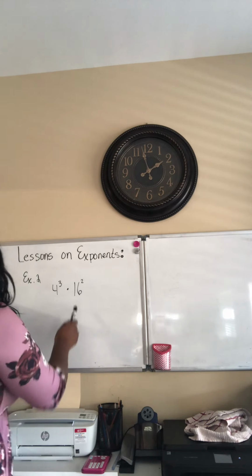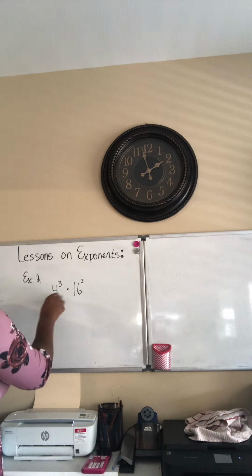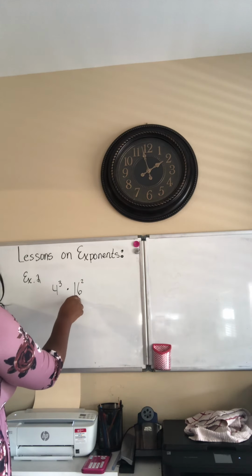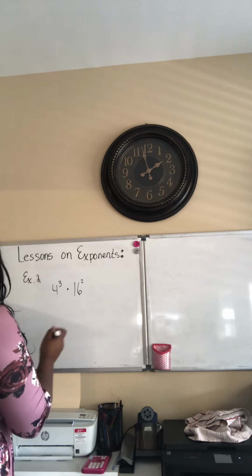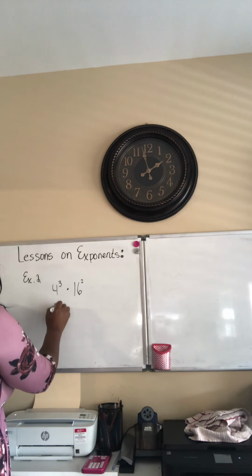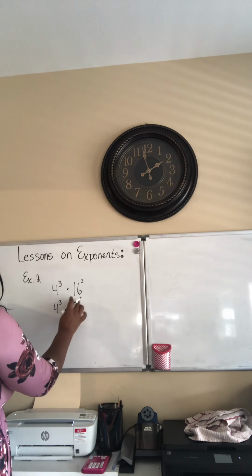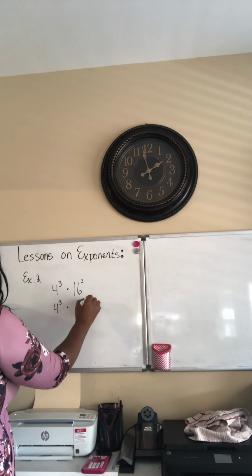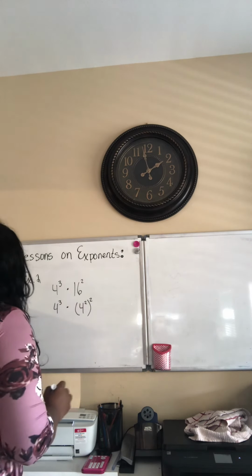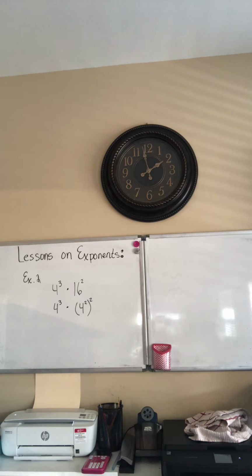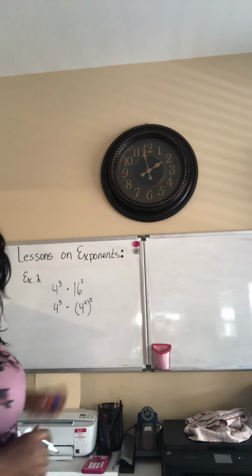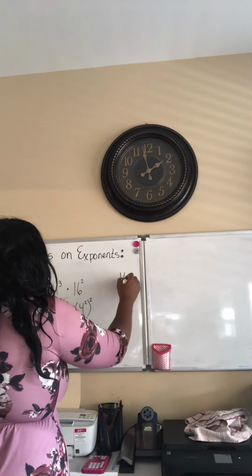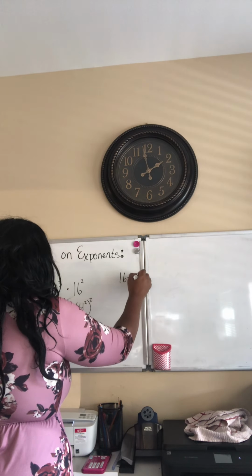Now, we could break down 16 into 4 squared. So we say 4 cubed here times the 16, which can turn into 4 squared. Now, how do we know that? Well, 16, if we look at our square list, is equal to 4 times 4.